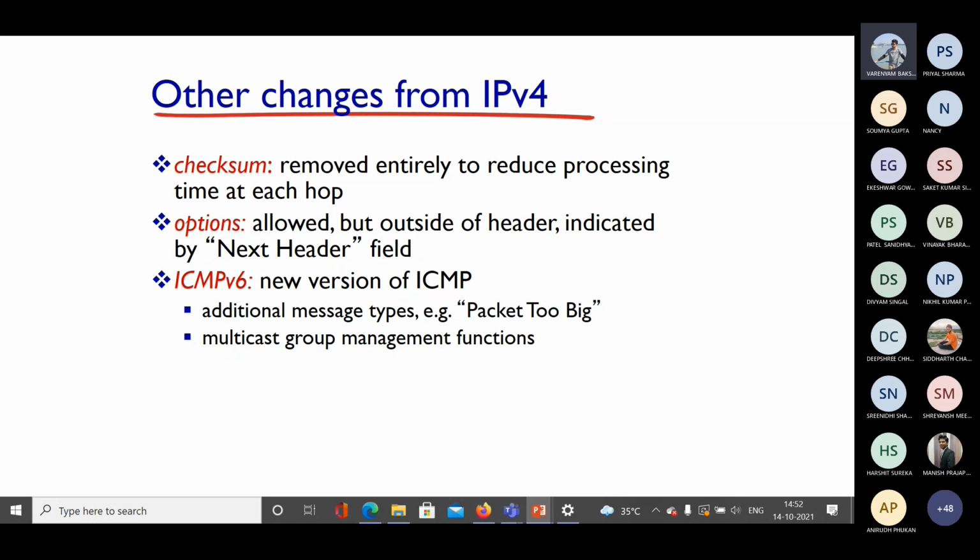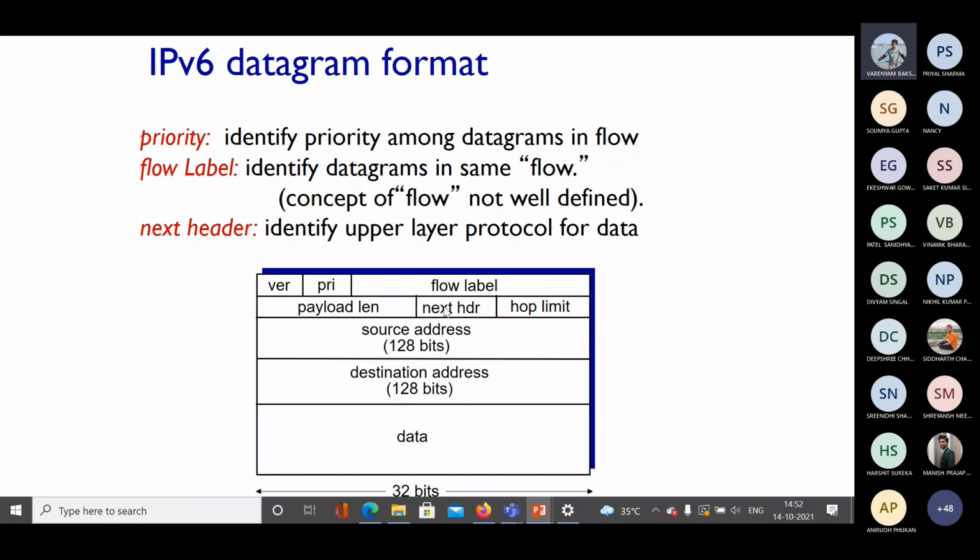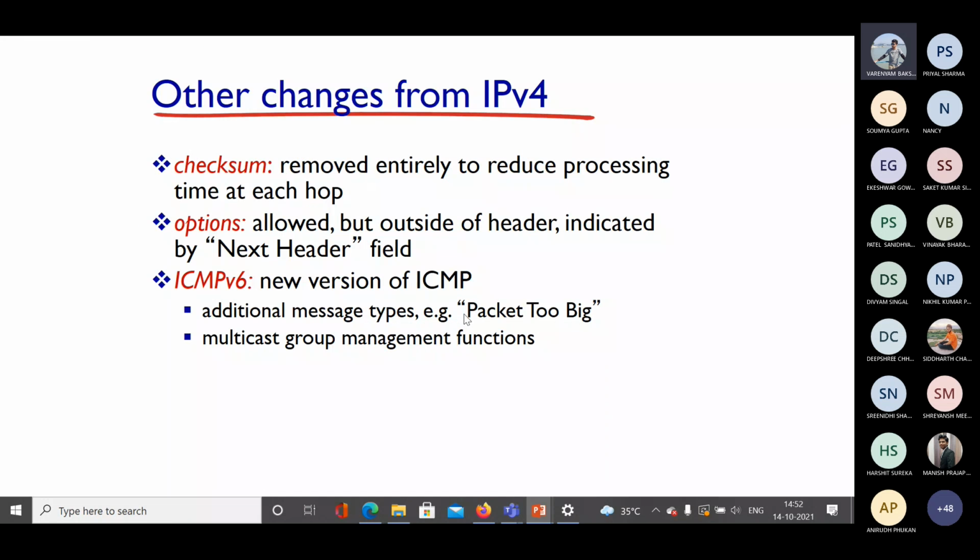So we do have an options part, but it is outside of the header and it is indicated by the next header field. Then what we have is ICMPv6, the new version of ICMP.